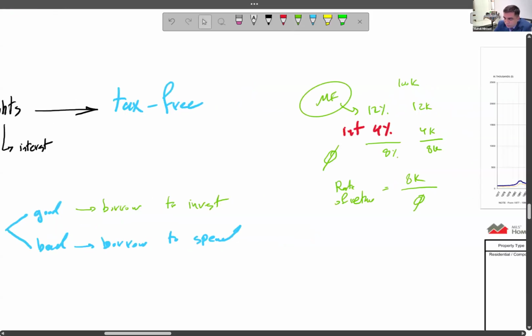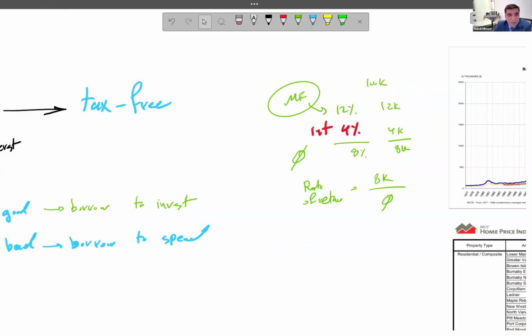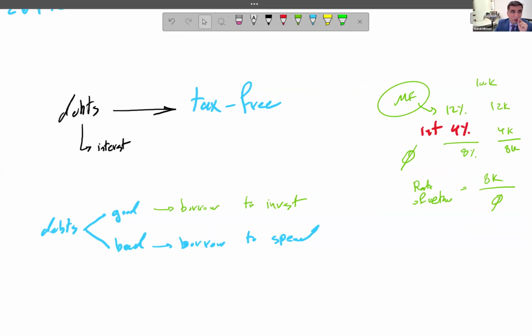If you divide anything by 0, what's going to be the result? Infinite, yeah? You're going to get an unlimited return. And you cannot find even a single wealthy person who got the wealth from anything other than borrowing.